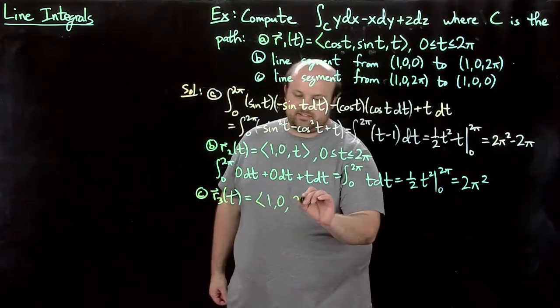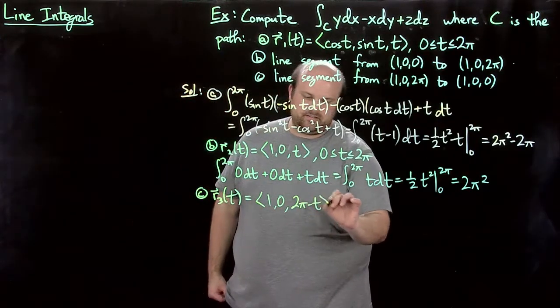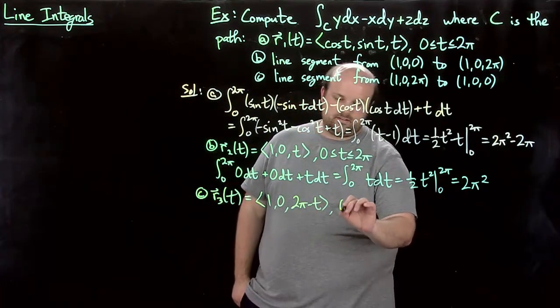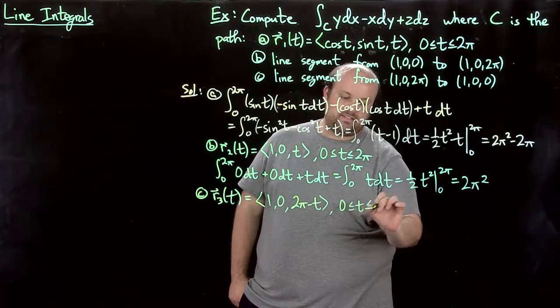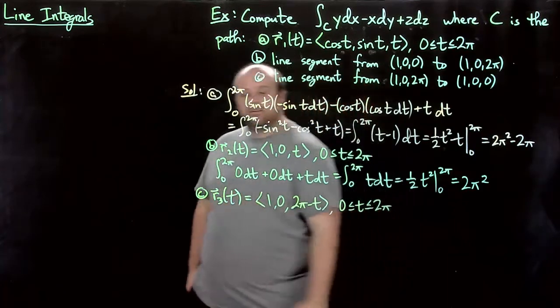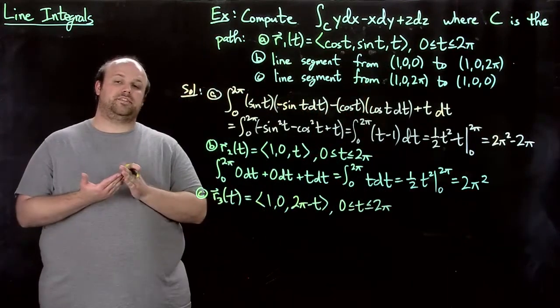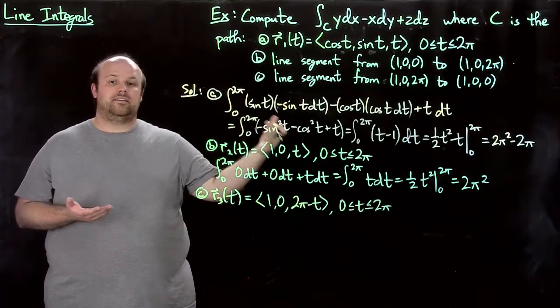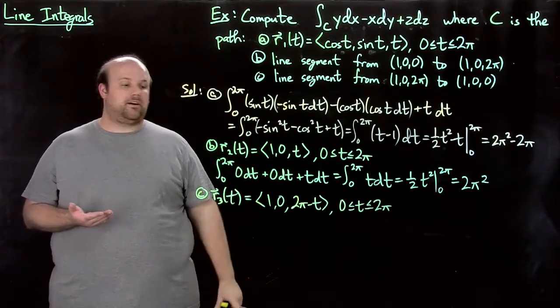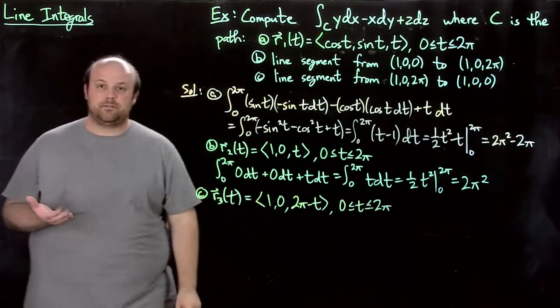So the easiest way to do that is just 2 pi minus t as t goes from 0 to 2 pi, because then this starts at 2 pi, and as t gets closer to 2 pi, the z component gets closer to 0.